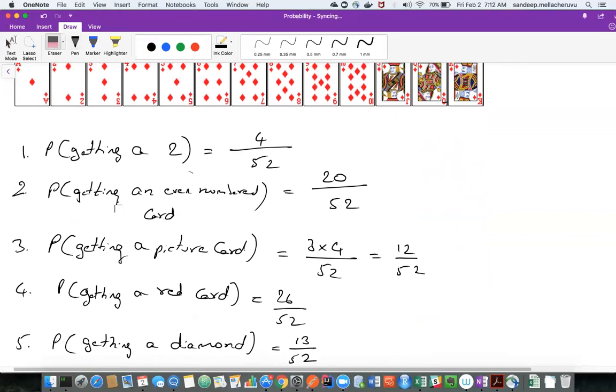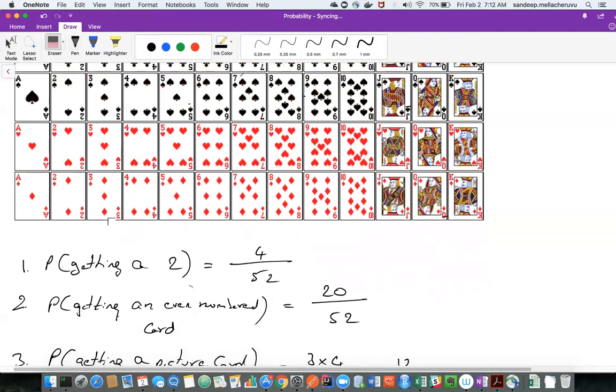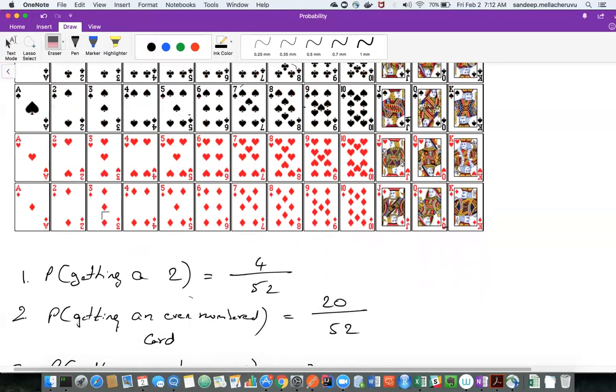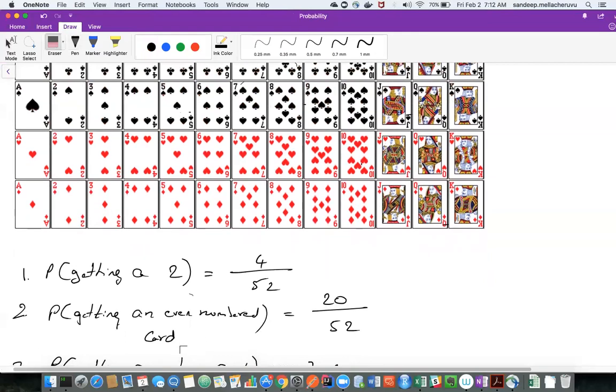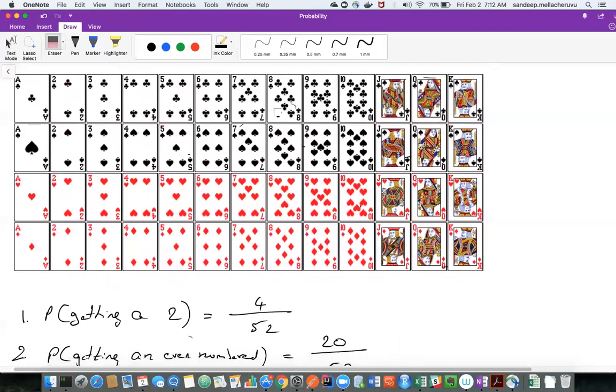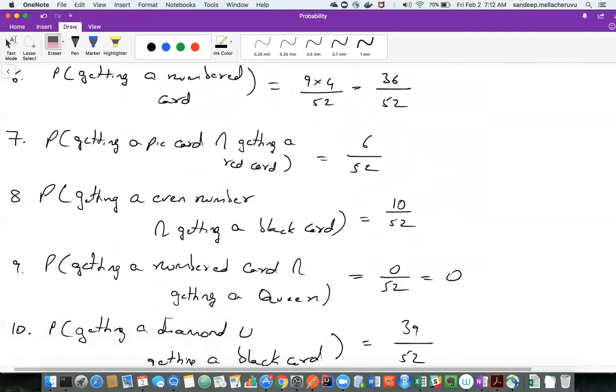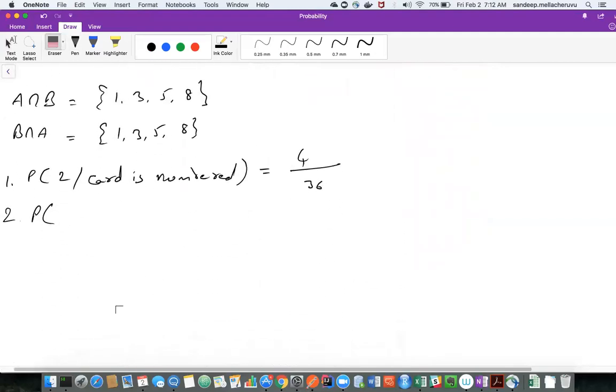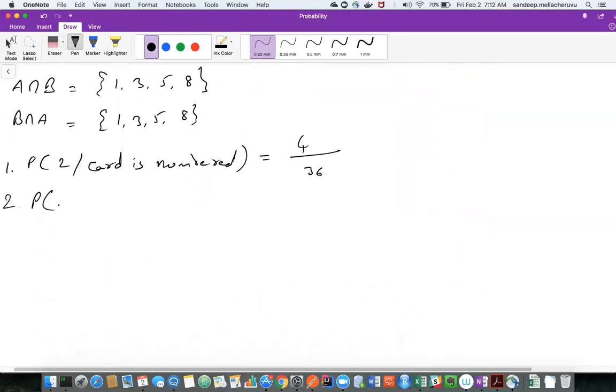So, getting an even numbered card, given that it is a red card.